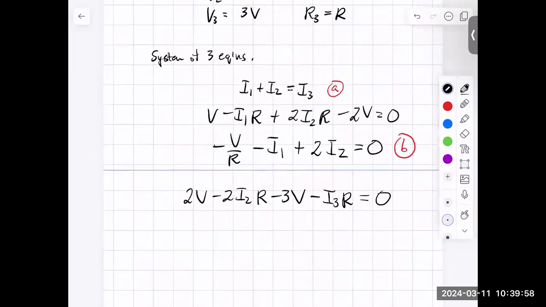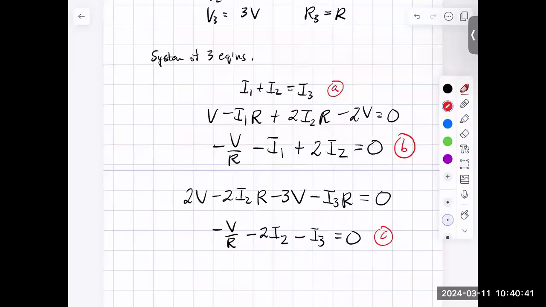We have 2V minus 3V, which is just minus V, and then we'll divide all terms by R. So we end up with a minus V over R, minus 2I2, and then minus I3, and that has to be equal to 0. That's going to be our third equation, which I'll label as C.